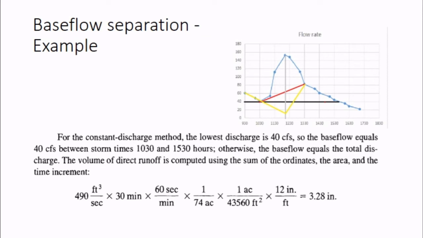Ngayon, paano mako-convert yung discharge, yung CFS, into rainfall depth? O yung volume into, in terms of inches. Ko-convert mo lang yung 490, 'di ba ito yung sa constant discharge, cubic feet per second. And then kinonvert lang yan dun sa number of 30 minutes siya.